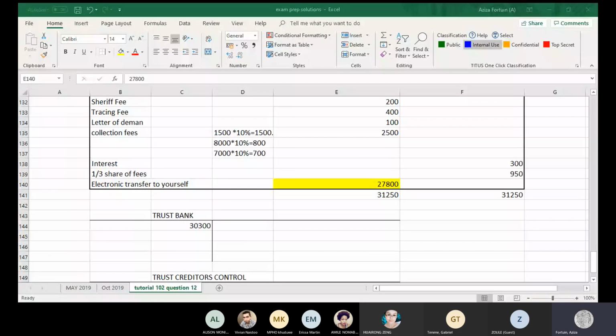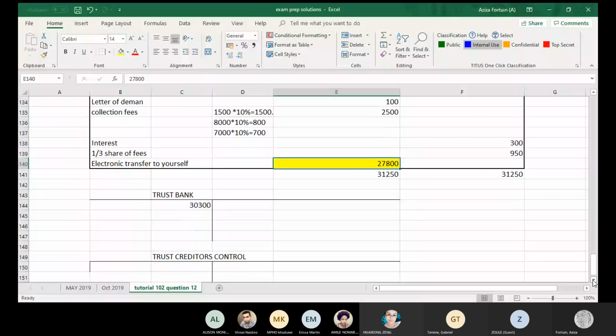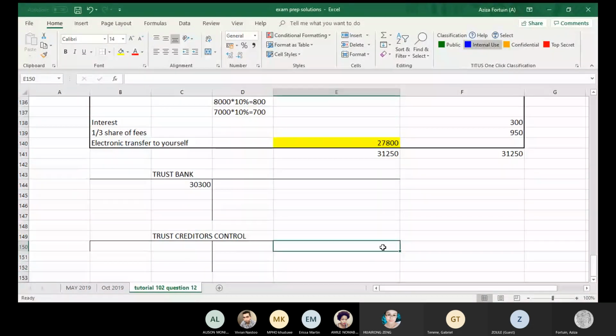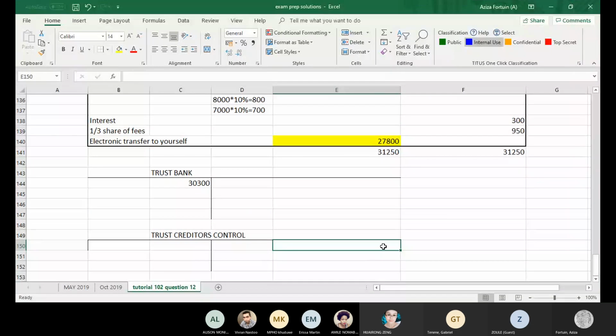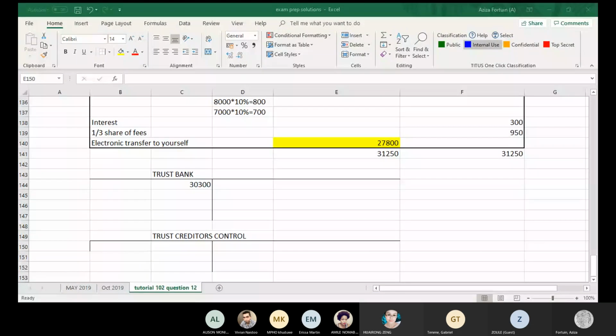Okay, anybody ready to go? Has everybody completed the trust bank and the trust creditors control account? Do you need more time?